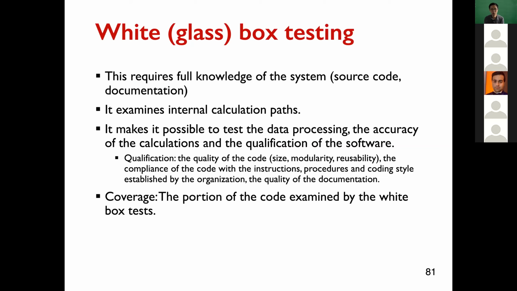So we can use white box testing to test the data processing, the accuracy of the calculations, and the qualification of the software, because we examine the code. And one way to evaluate white box testing is to look at the coverage. In white box testing, we want to cover as much code as possible. So this is also always defined as coverage.